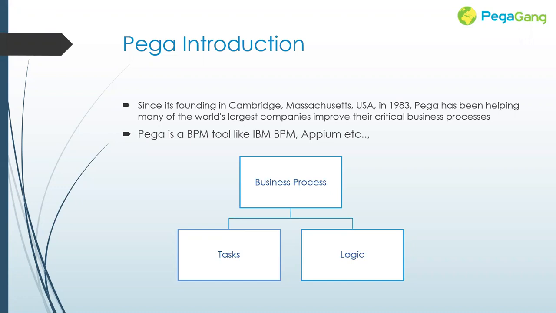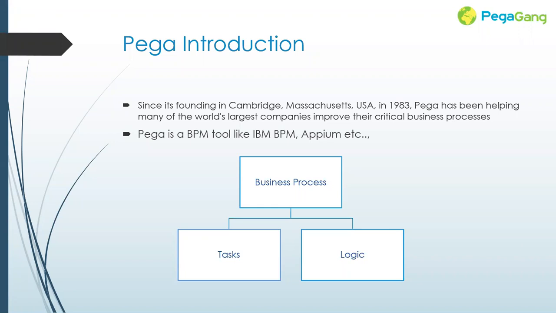In simple terms, if we take customer care as an example, the customer care receives a request or a complaint either through an IVR process like a call, or through an email or chat or anything. That is called a request, and that is a particular task. And what is the logic?